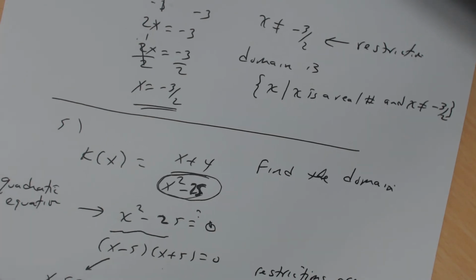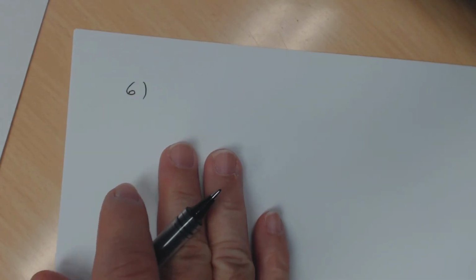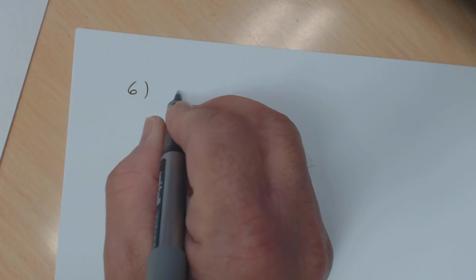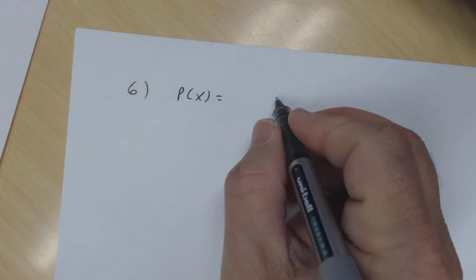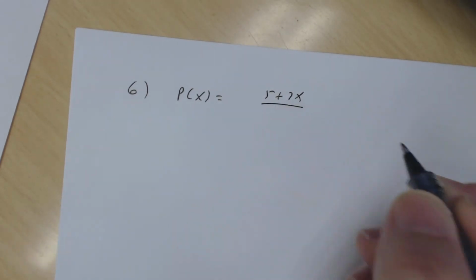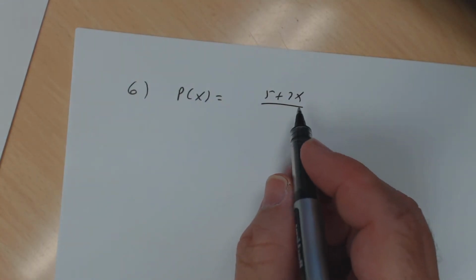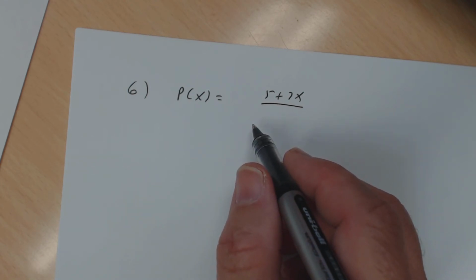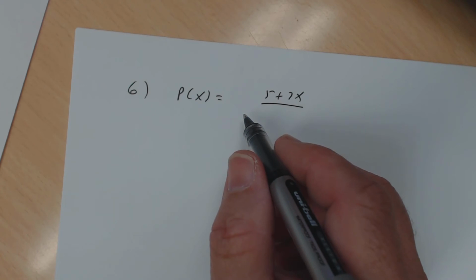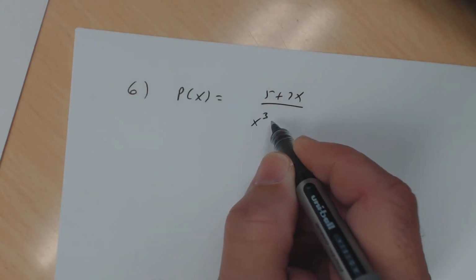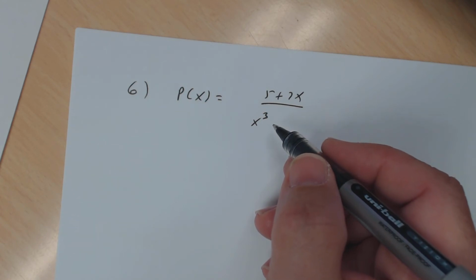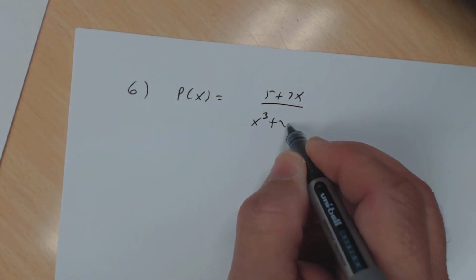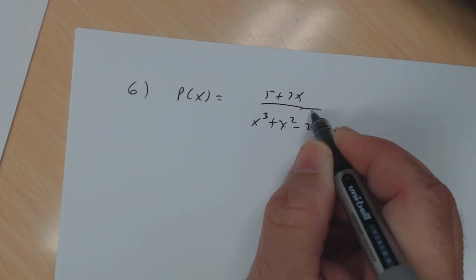Let's do one more with this. So let's say we wanted to find the domain of, let's say, this one. So let's say we had p of x equals 5 plus 7x divided by x cubed plus x squared minus 2x.